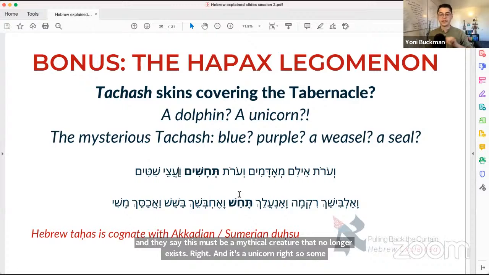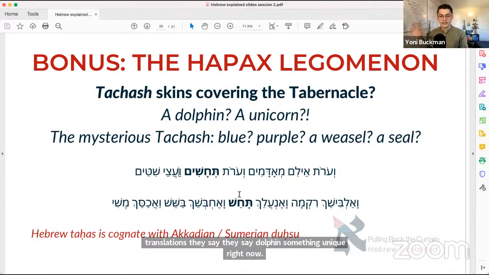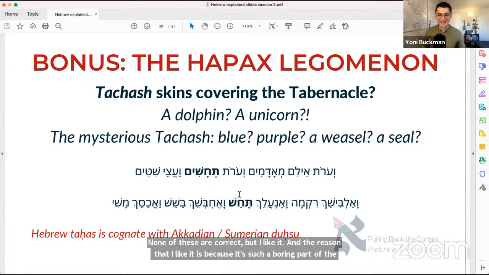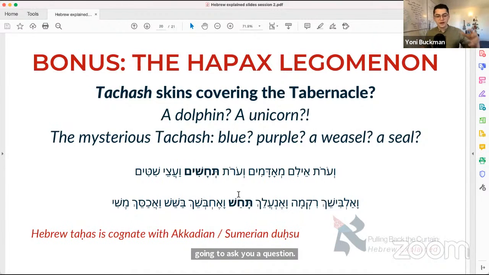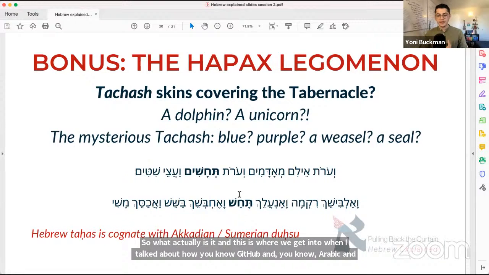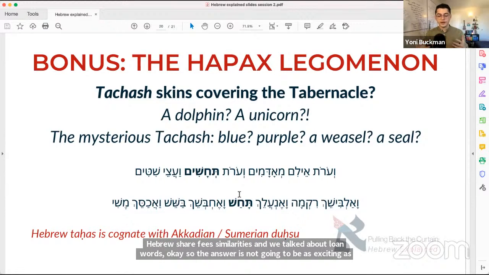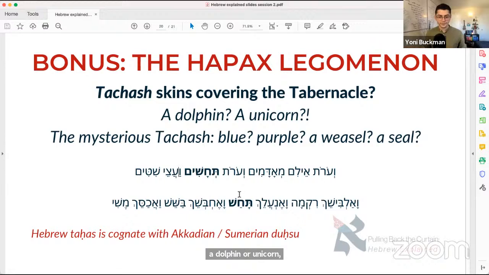And this is where we get into when I talked about how Arabic and Hebrew share these similarities, and we talked about loan words. Okay, so the answer is not going to be as exciting as a dolphin or a unicorn, but we found archaeologically these dursu, right? These sandals that in Sumerian were called dursu.